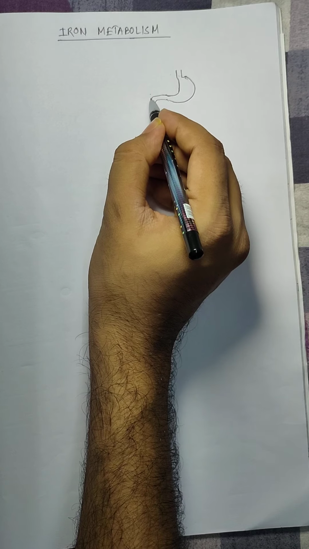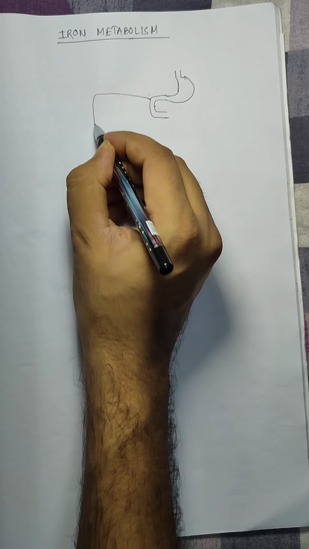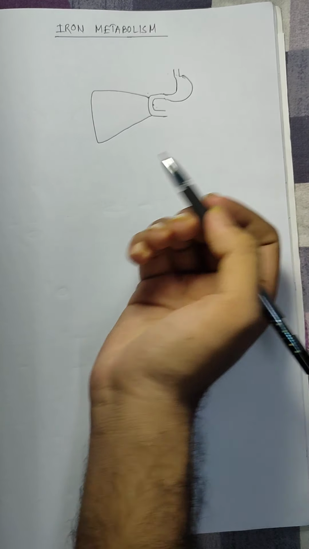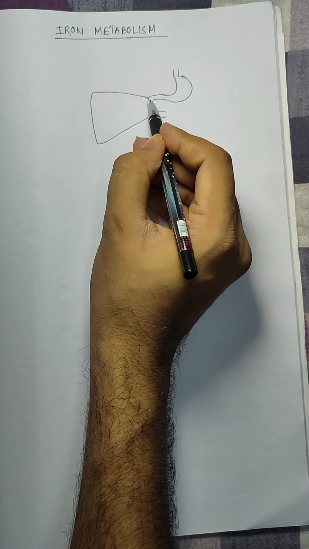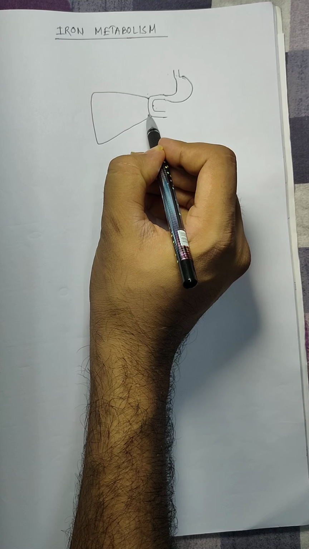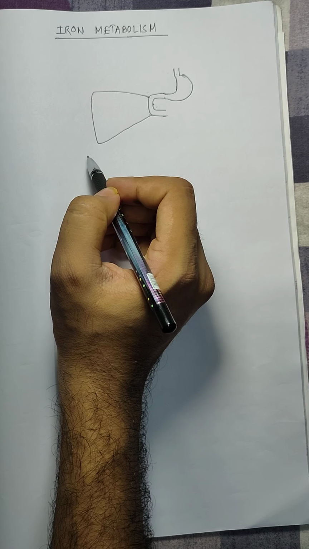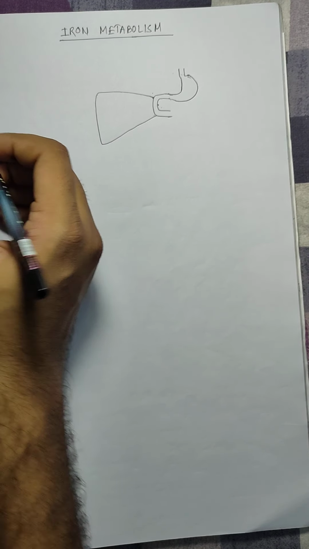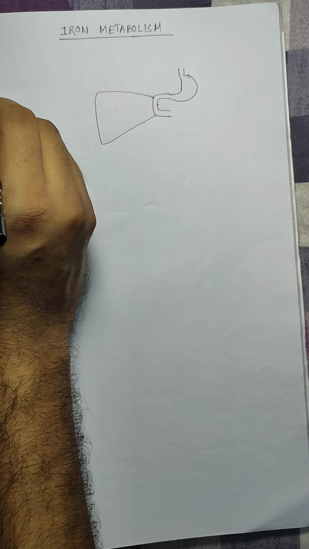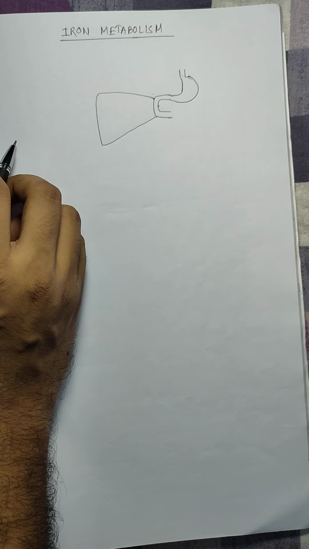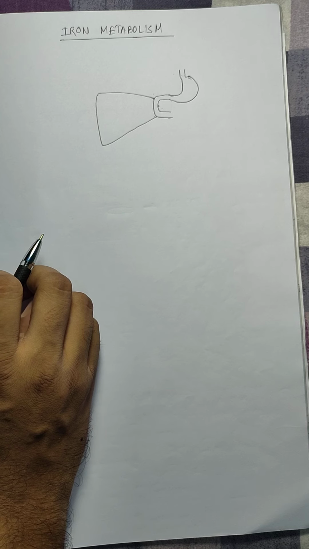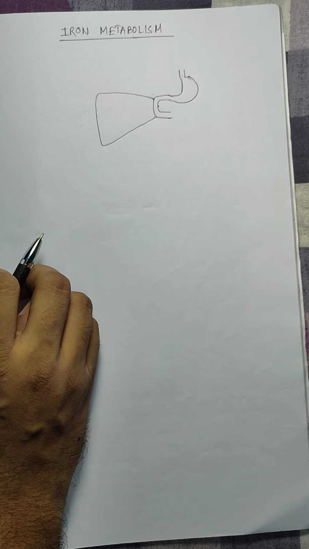Okay, so suppose this is that cell, and this is the apical side and this is the basolateral side. Okay, I should find some red pen. Just a minute.